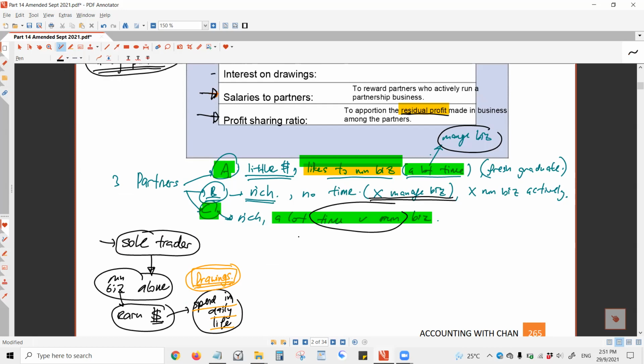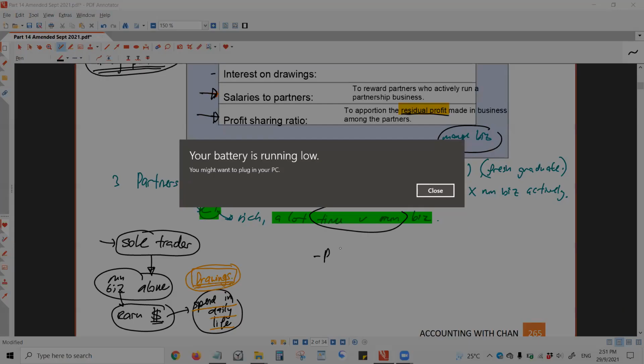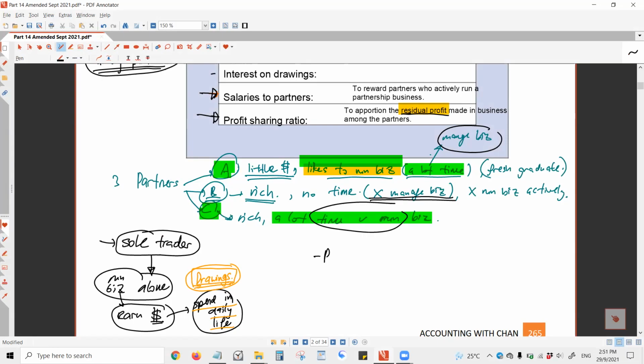Now, we are learning partnership right now. There's more than one partner, agree? That means more than one owner. Imagine that there are three partners.